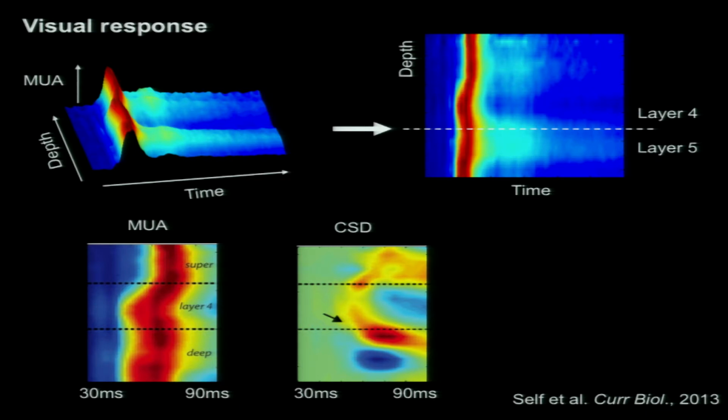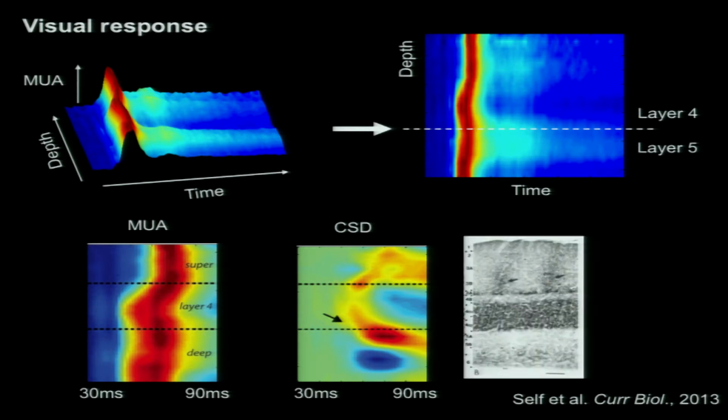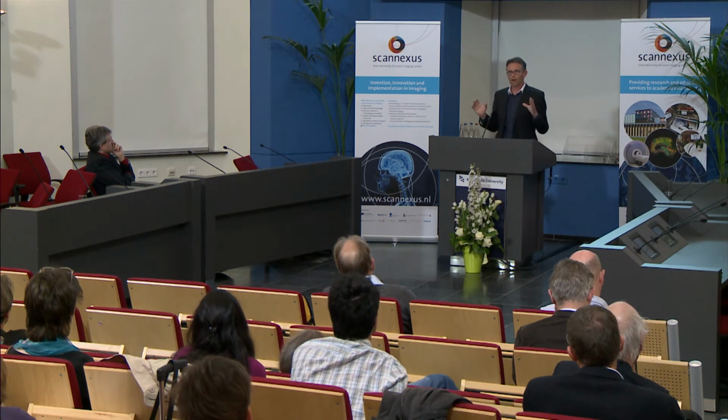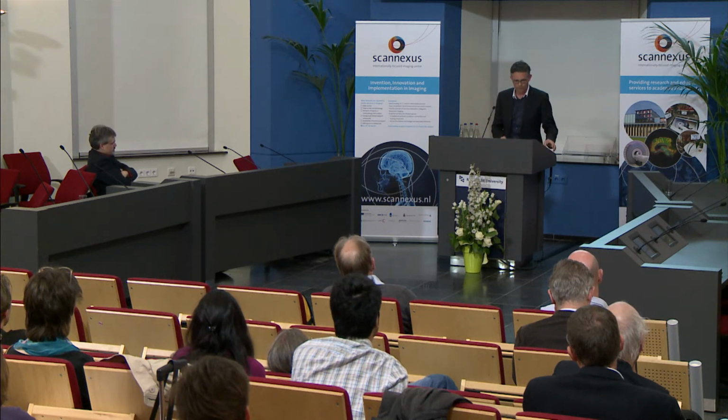Sources are indicated here in blue. It was known from previous work from Charlie Schroeder and from Uwe Mitzdorf that the early sinks that give rise to the visual response happen in layer 4, and this is nicely replicated in this study. What was not known is the laminar profile of this response difference, this modulation.